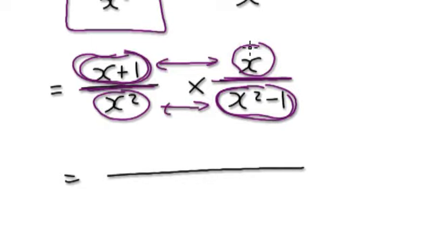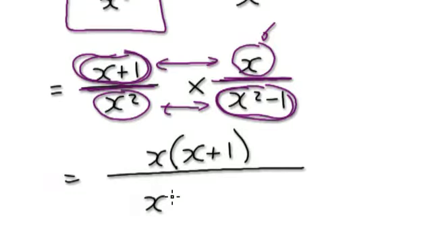So this will become, I'm gonna put this one first, so it's x bracket, hang on, x bracket x plus 1. And then down here you have x squared and then x squared minus 1.